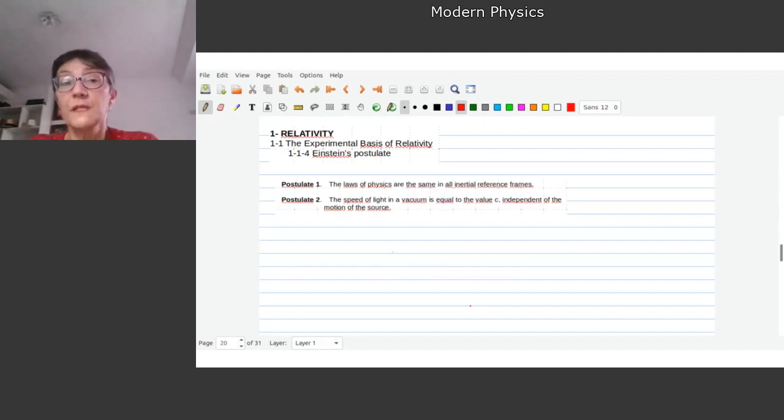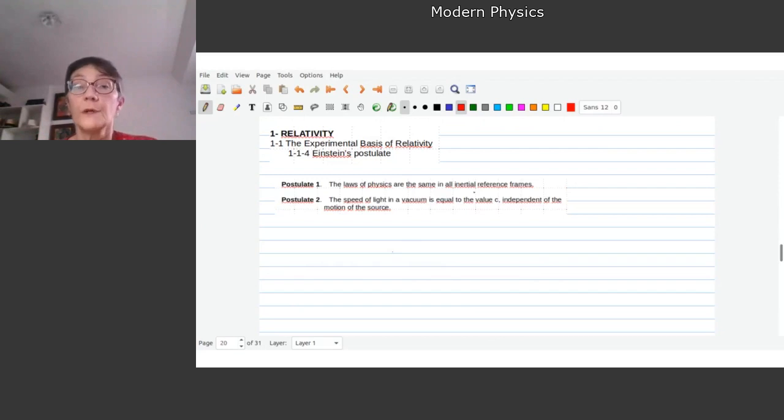What is an inertial reference frame? It is a frame where the law of inertia, the first law of Newton, holds. So if you don't apply any force on the particle, it will have a constant vectorial velocity.